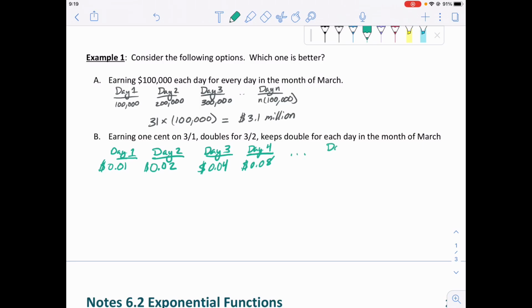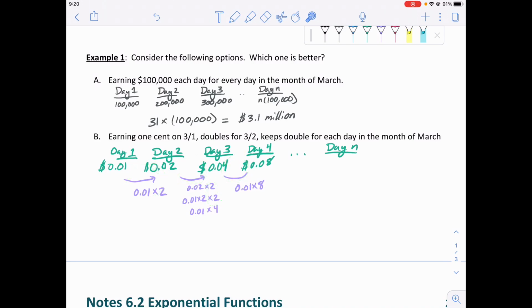What about on day n? How much money do we have? Well, to go from here to here, we did 0.01 times 2. From here to here, we did 0.02 times 2, but that's really 0.01 times 2 times 2. So this is 0.01 times 4. From here to here, we did 0.01 times 8 because we have 3 of these 2's: multiply by 2, multiply by 2, multiply by 2.